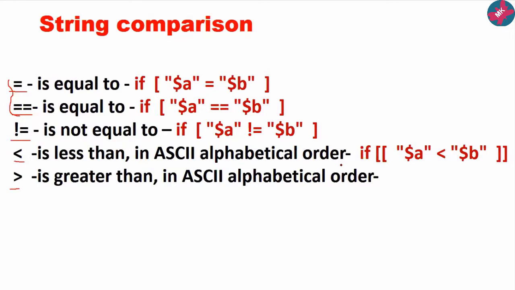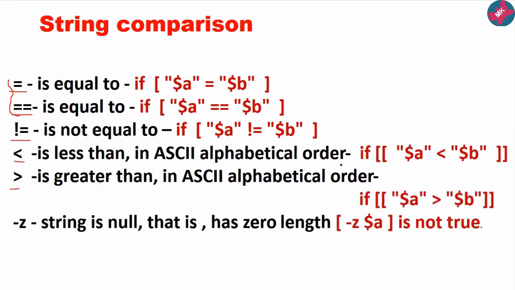So this is how you can do the comparison. One more special operator in string comparison is dash z. This will return true if the string has zero length. Remember, these operators are used only when both variables are strings.